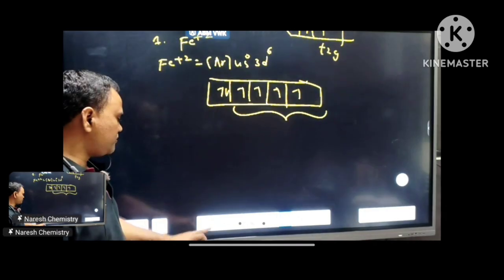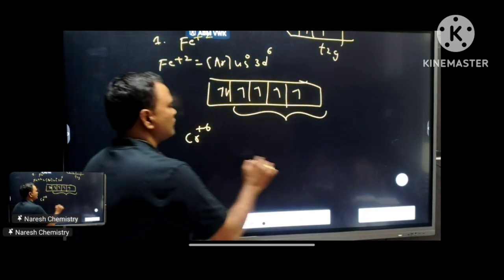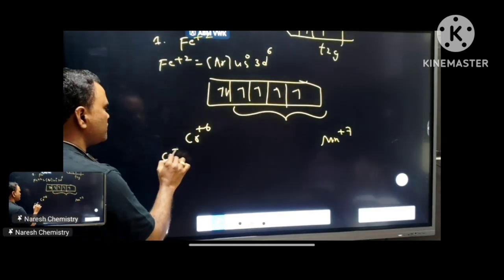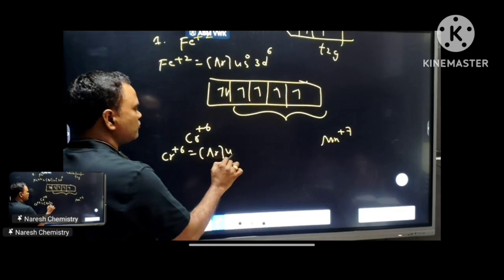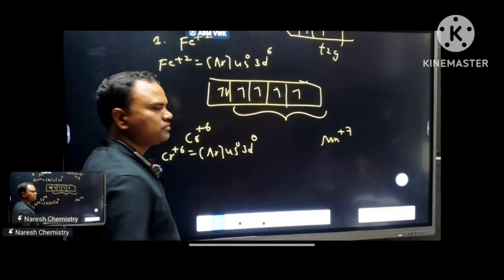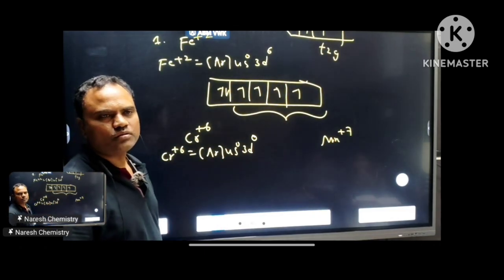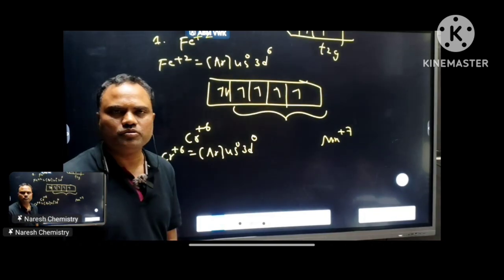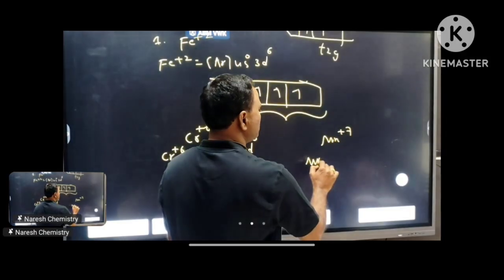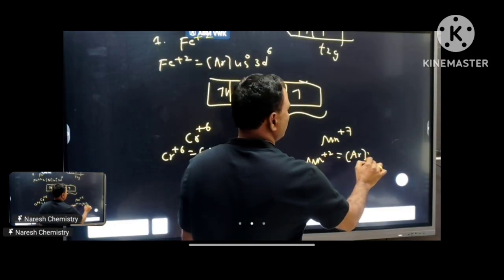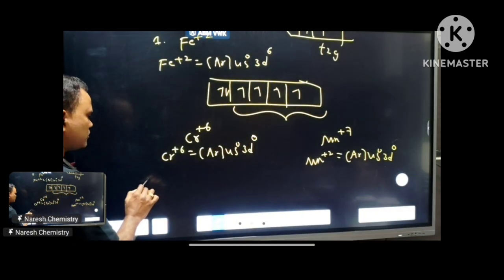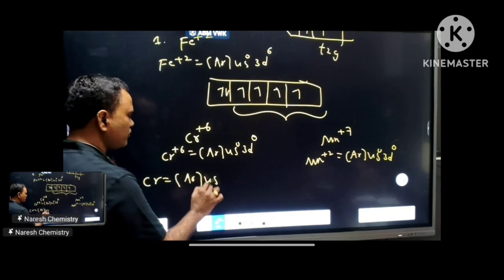What about chromium 6 and Mn plus 7? Configuration of chromium 6: argon 4s0, 3d0. The chromium configuration is argon 4s1, 3d5.